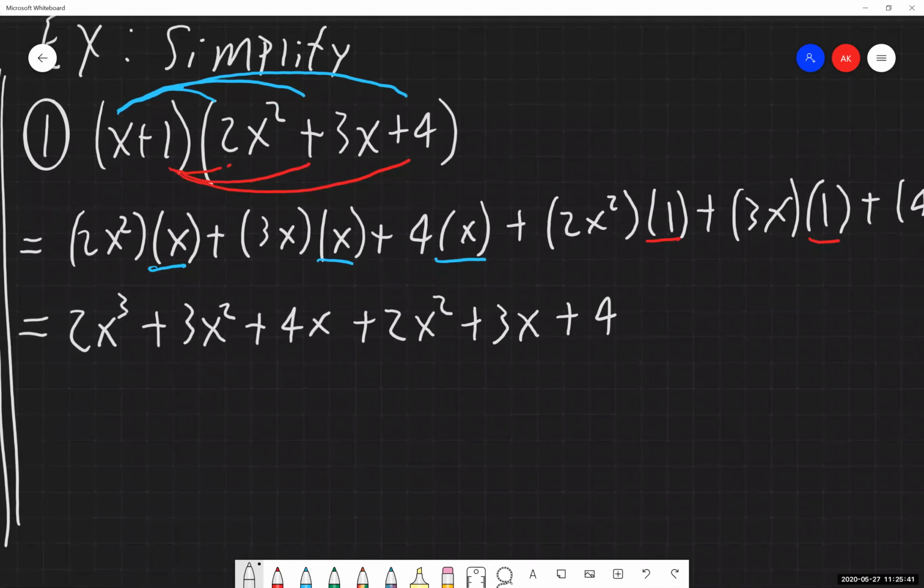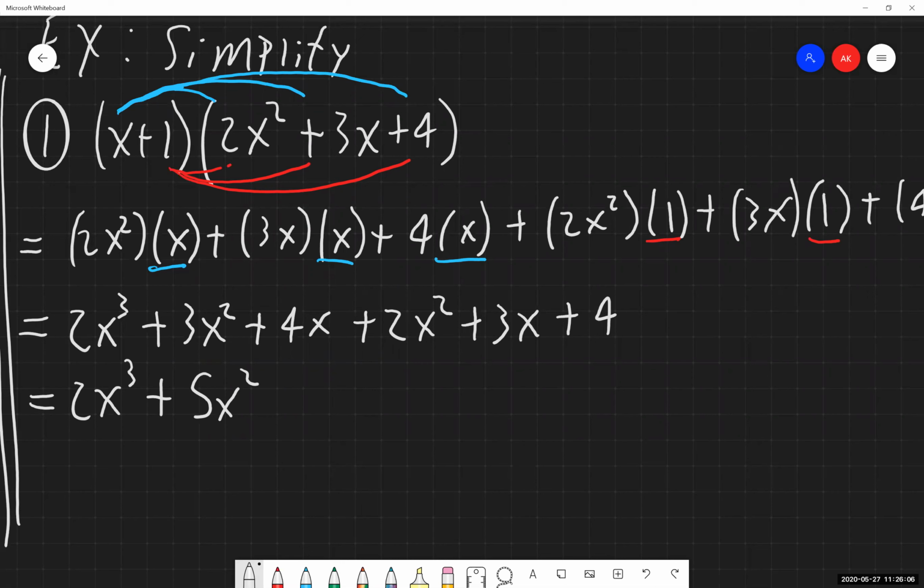And now we're looking to see, can I combine any like terms in here? And yes, we can. I'm going to use green here for this. I'm seeing I have x squared and x squared showing up. So when I combine those together, I'm going to get 5x squared.